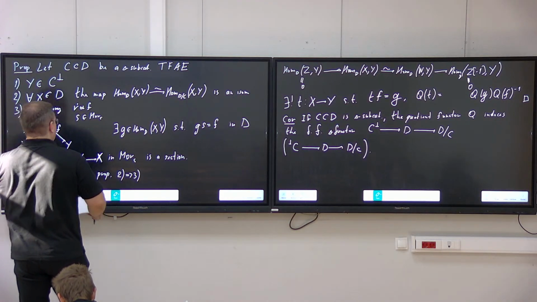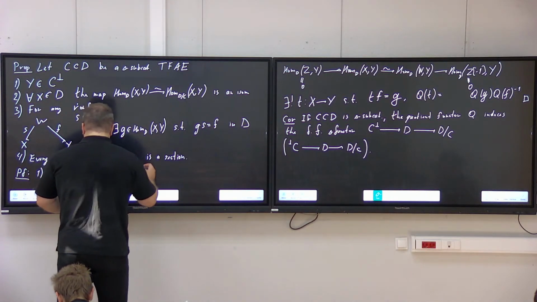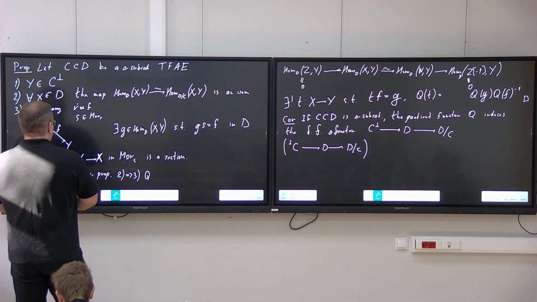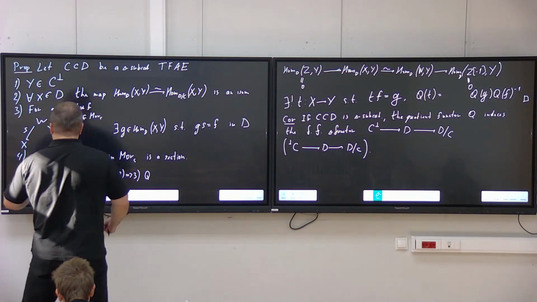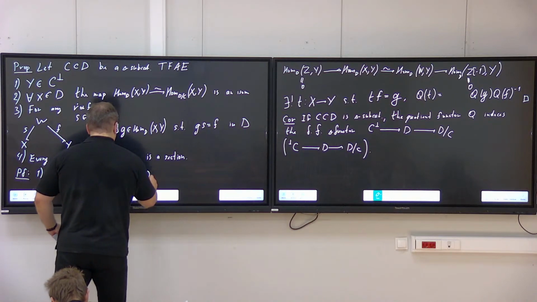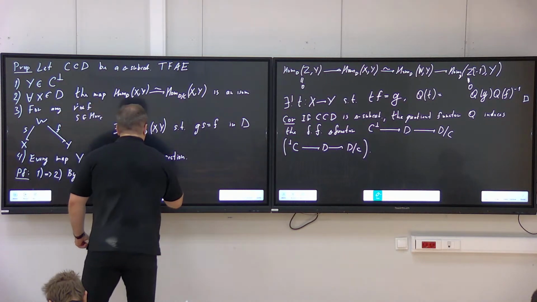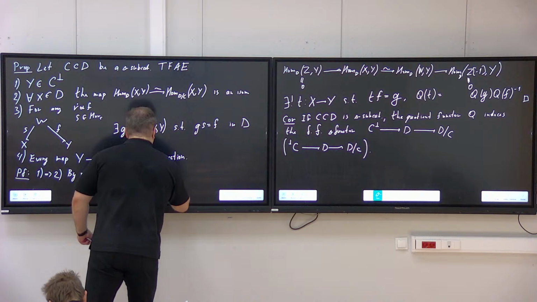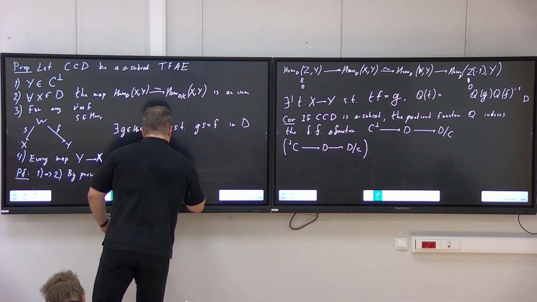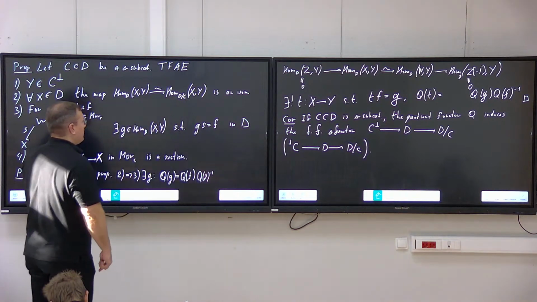So I know that there is such an isomorphism, and I want to find the corresponding map, right? So first of all, since this is an isomorphism, I take this roof, I can say that there is a map G from X to Y such that Q applied to G is exactly Q of F times Q of S inverse.